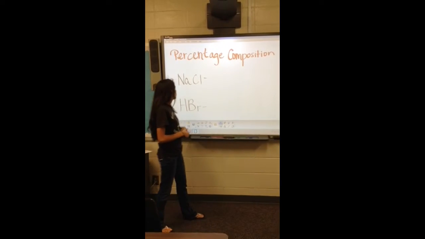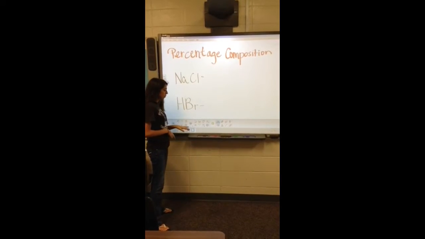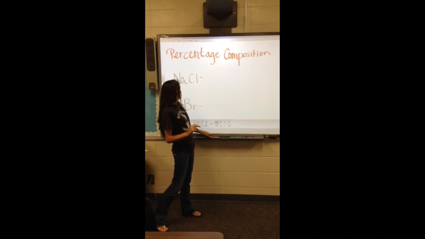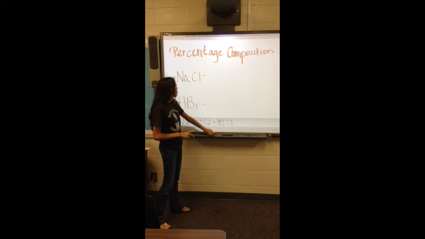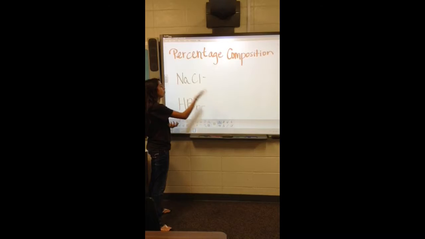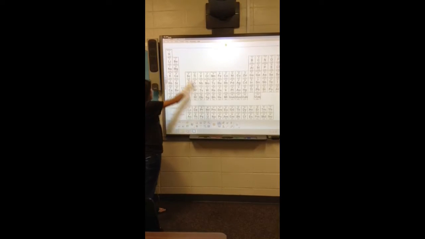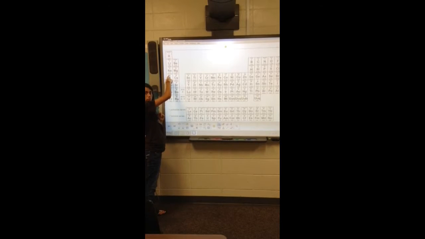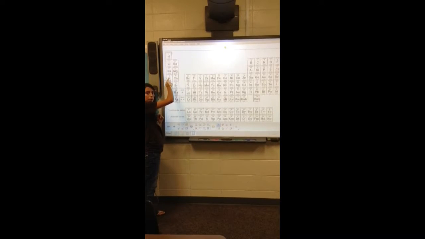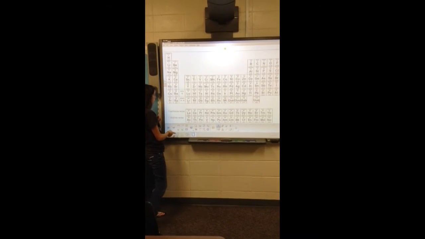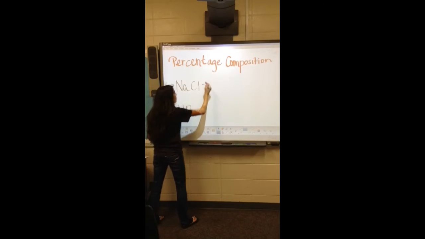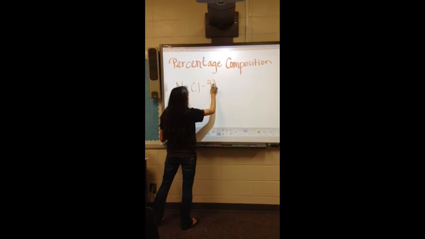So we're going to start with NaCl, which is sodium chloride. First you have to go to your periodic table and find the weight of each element. So let's go to our periodic table. Na is what? 22.9 or 23. So it's going to be 23. So let's write that. 23.